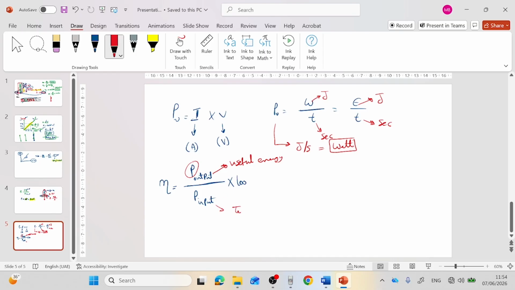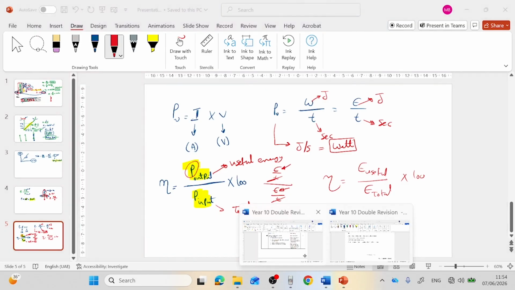And this is the total energy. So there is another formula which is useful energy divided by total energy times 100. But this is not energy, this is power, okay? But you know that power is equal to energy over time. So energy over time in the numerator, and down there we have energy over time. So time will be cancelled out. So this is the useful energy and this is the total energy, okay?